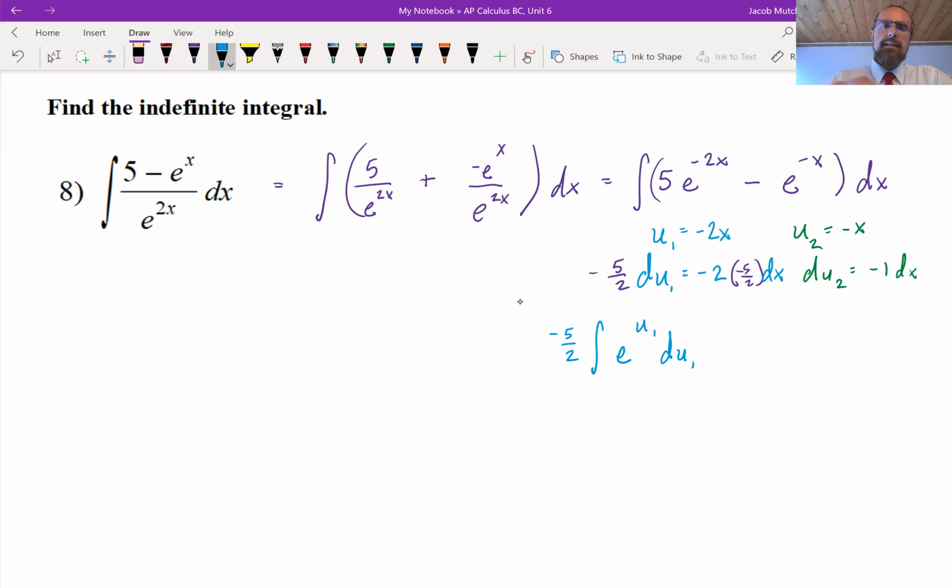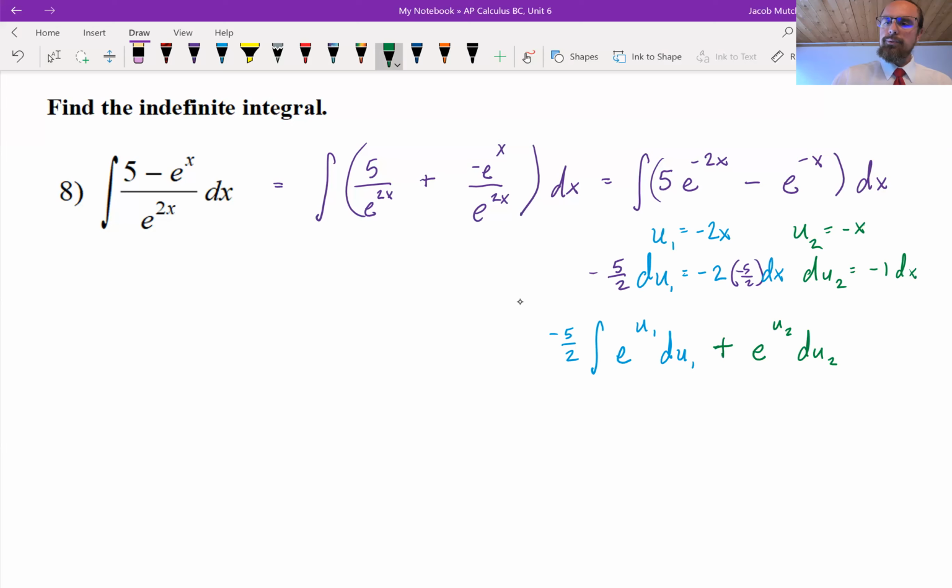So for that second piece, the way I can set that up is minus, actually, let's do it as plus, because I've taken care of the negative here in my du sub 2, e to the power of u sub 2 du sub 2. So it's a strange arrangement, but I'm treating it as two separate u values. I'm ready to integrate.